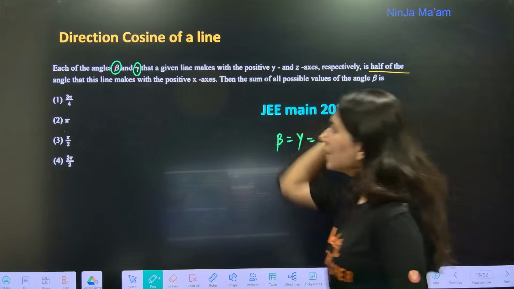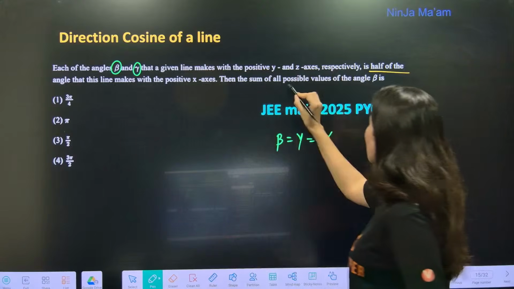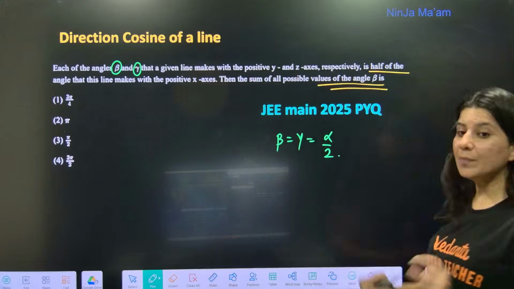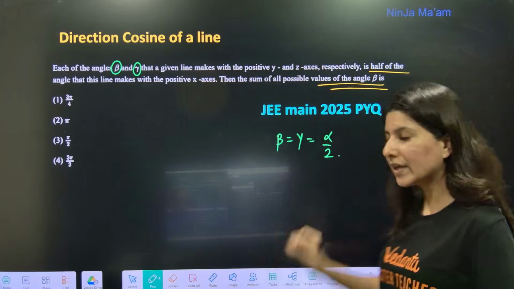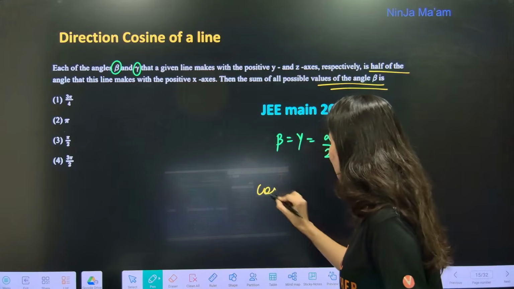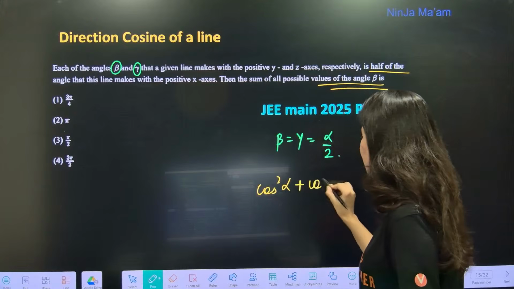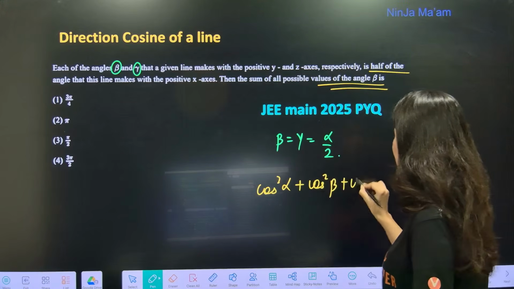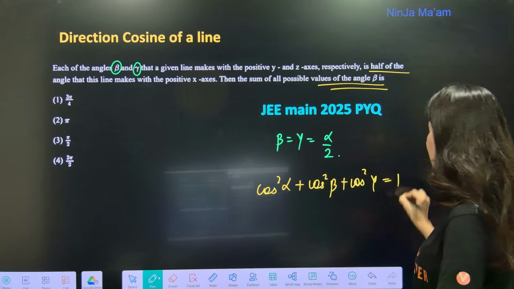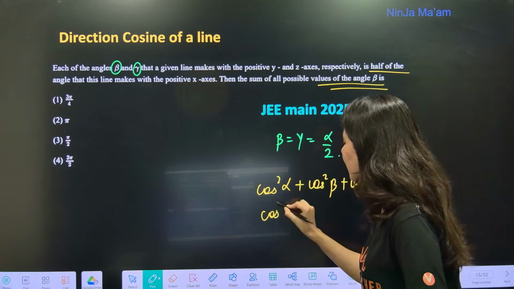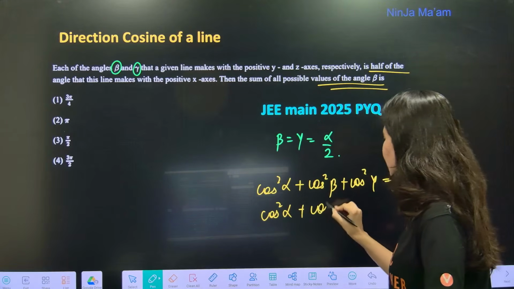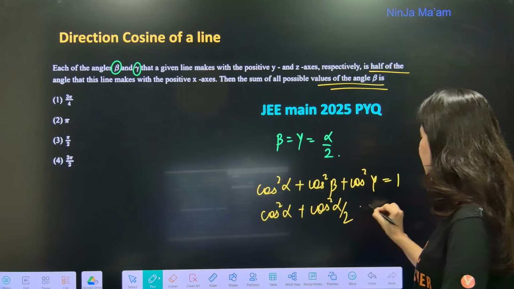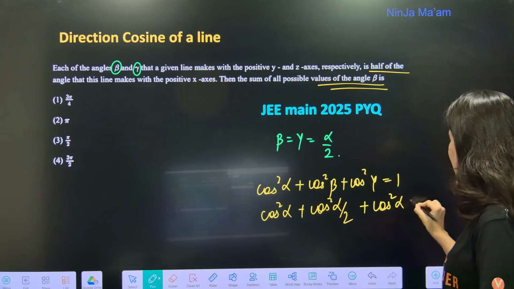Now what they are looking for is the sum of all possible values of angle beta.